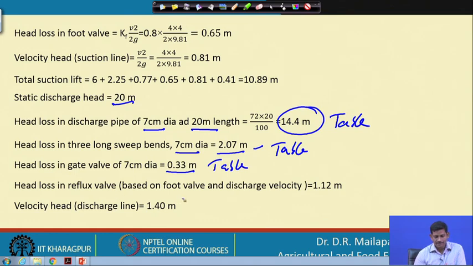Head loss in the reflex valve, based on the foot valve, if you use the same foot valve equation, Kf into V square by 2g, you get this, and velocity head in the discharge line is again V square by 2g. So, that is 1.40.